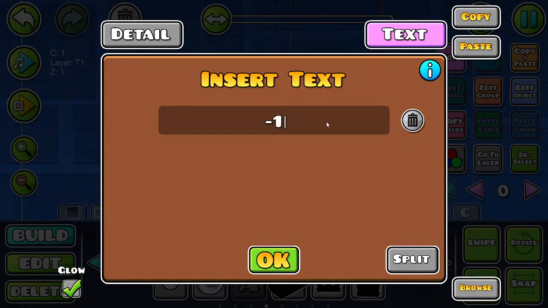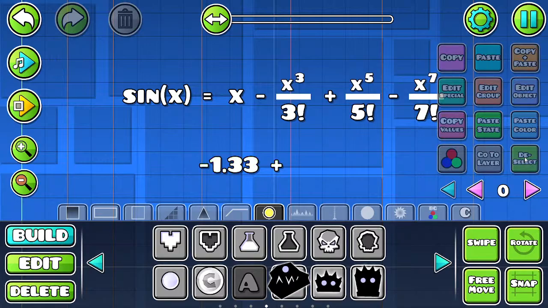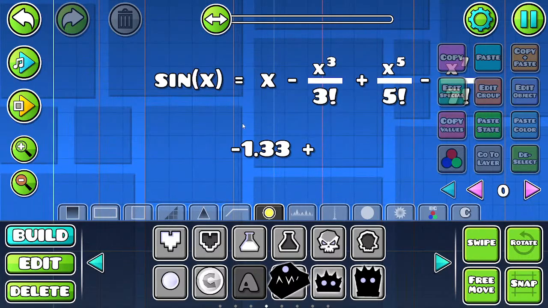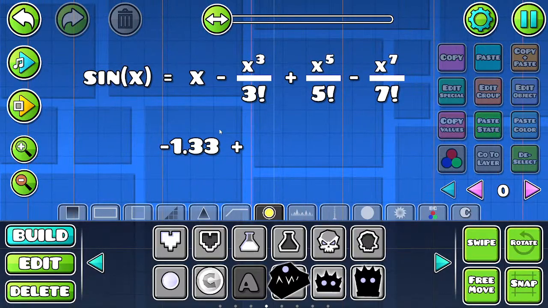So minus 1.33 plus... I don't know what... this is hard. I don't know. 1/3 is equal to 4, so what's 4 cubed? 64 over 27.